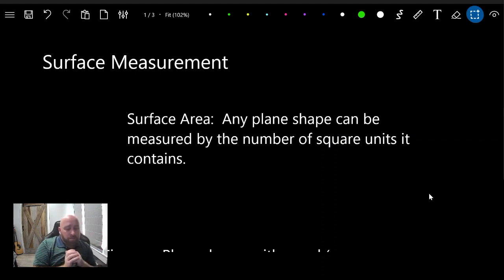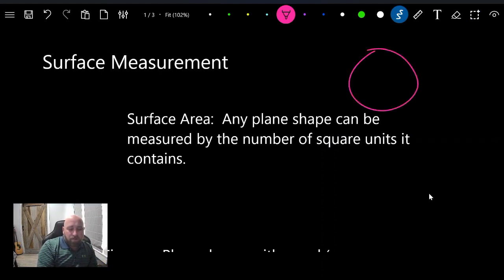When we're talking about surface area, any plane shape can be measured by the number of square units it contains. Even a circle can be measured by the number of square units. And you say, well, how can a circle contain square units, since a circle's a circle?